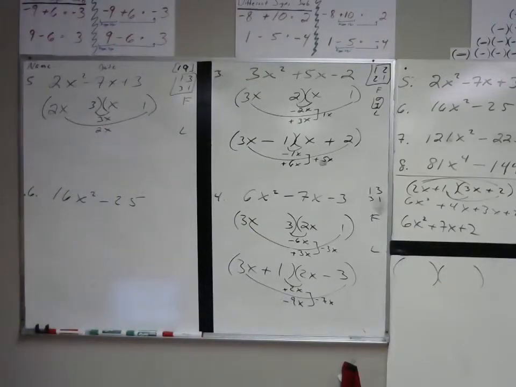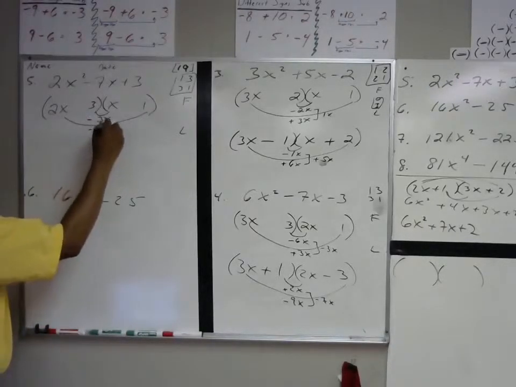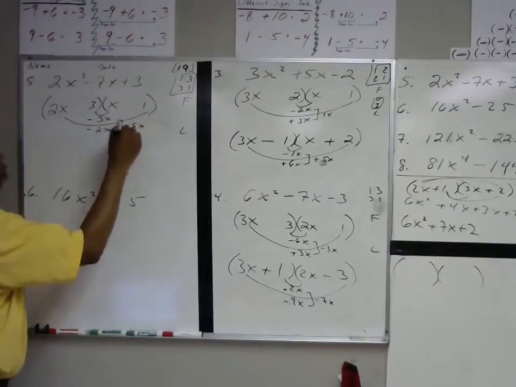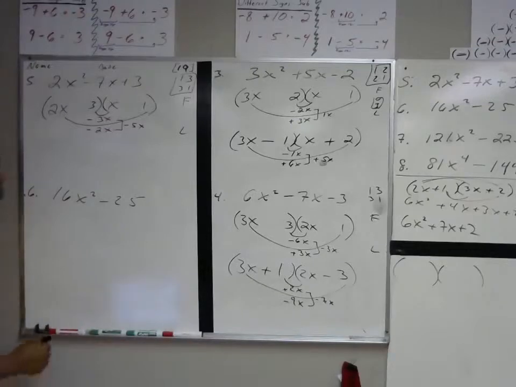According to this, the signs need to be the same, and we need to get a negative 7x. So the same signs I'm going to try are negative and negative. If I combine those, I get a negative 5x, which does not match. So the 3, 1 wasn't the right combination.